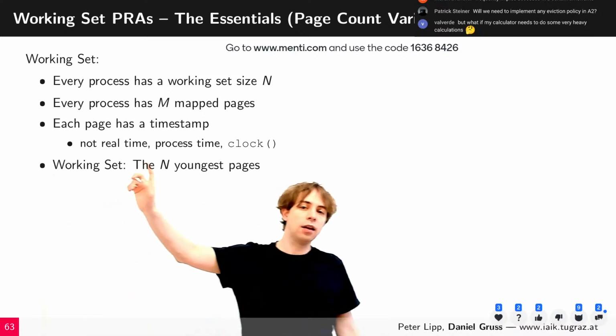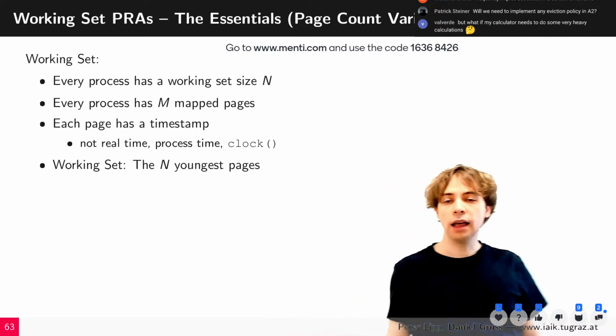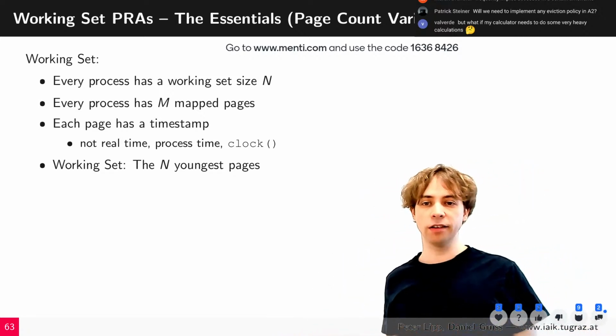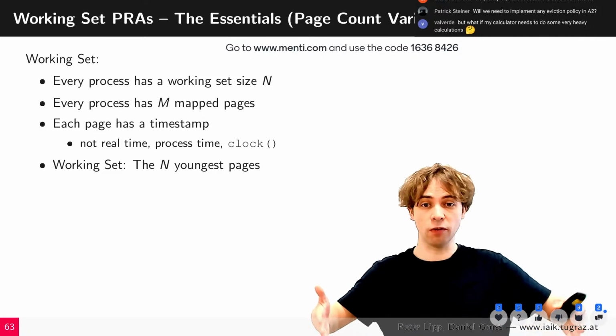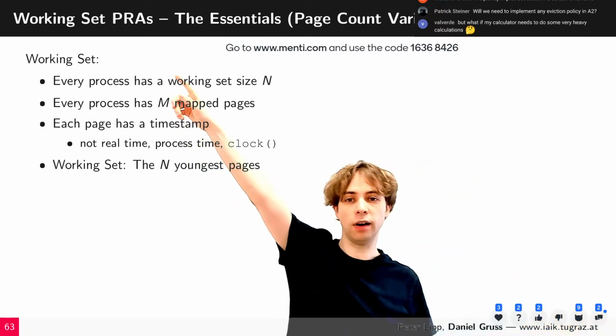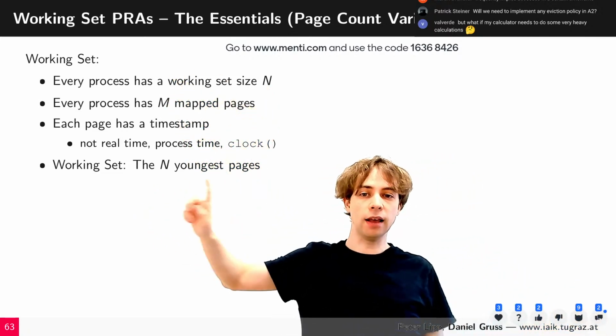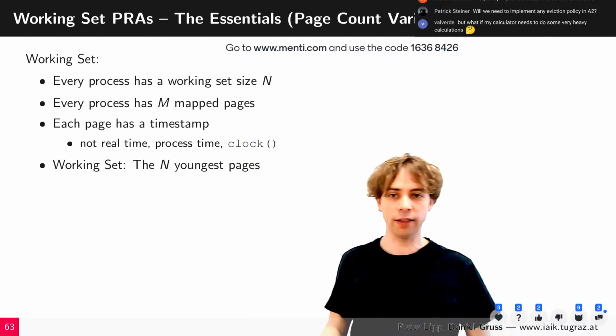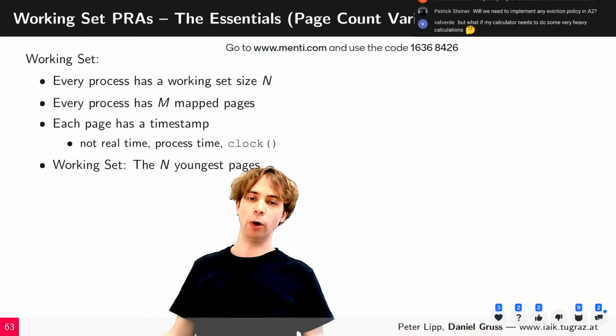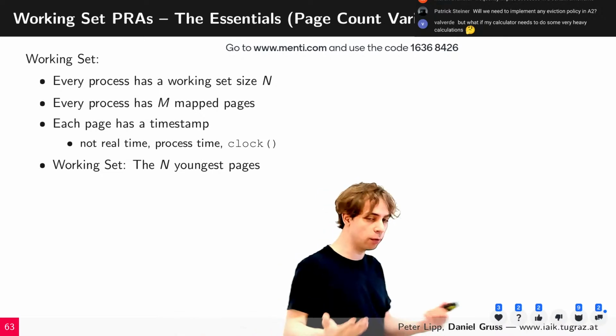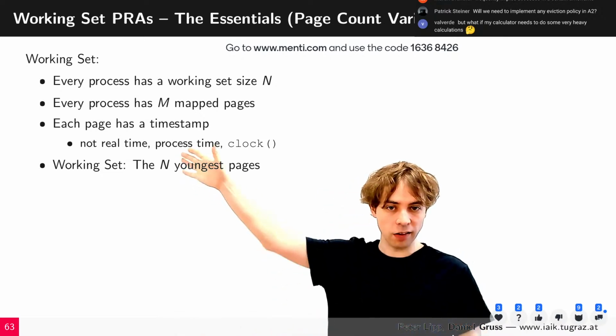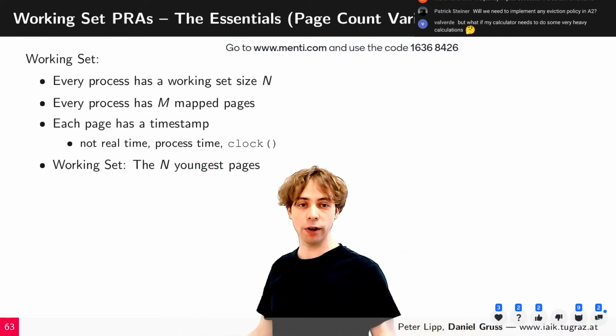For the working set, then you can use the n youngest pages. That's basically the definition of what the working set is. So it has a size of n. The n youngest pages are the working set. So if someone asks you which pages are in the working set, you can show this list of pages.